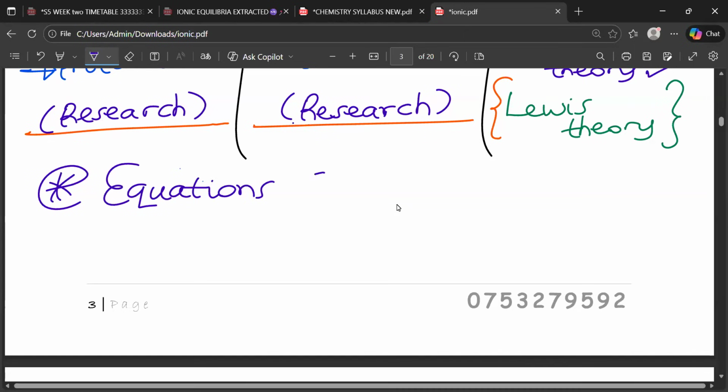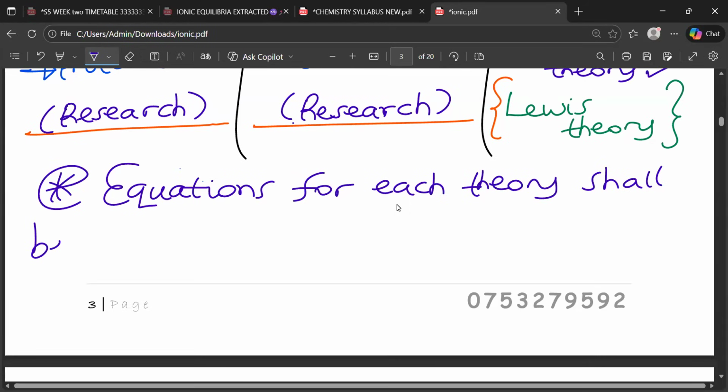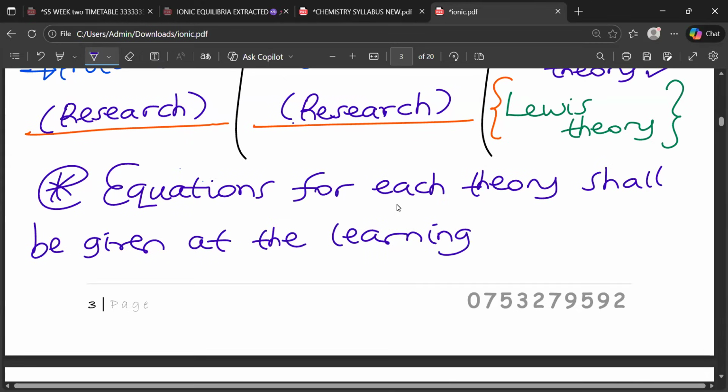Equations for each theory shall be given at the learning target, because we have it.